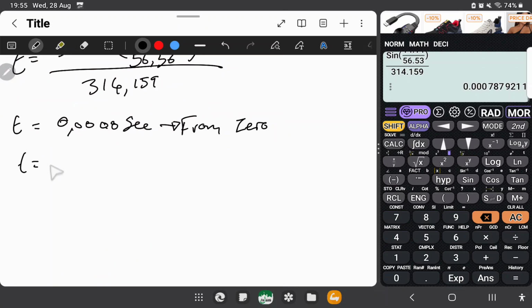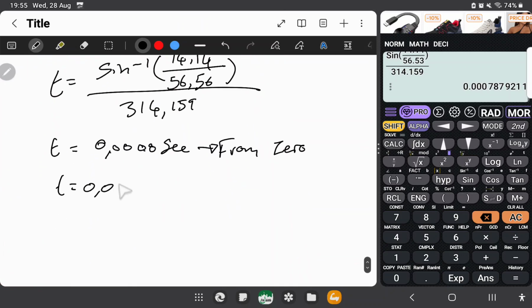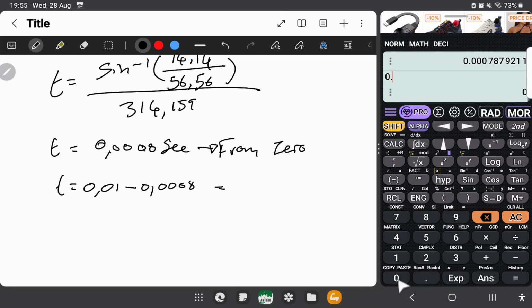So our t is equal to 0.01 minus 0.0008, and that will give us an answer of 0.009. This answer is from maximum.